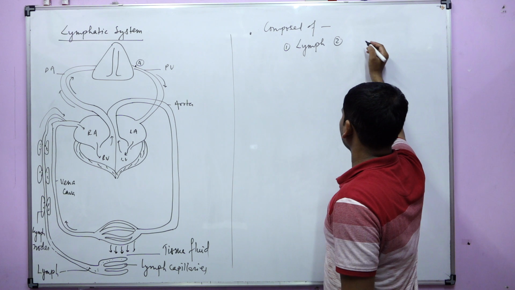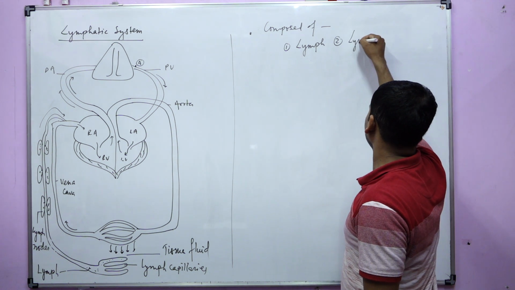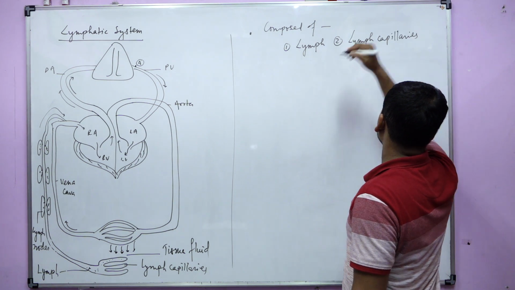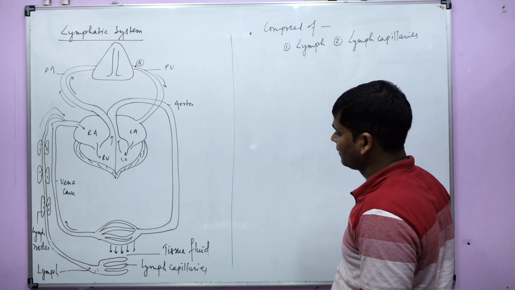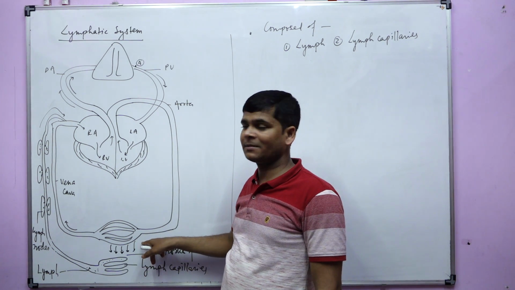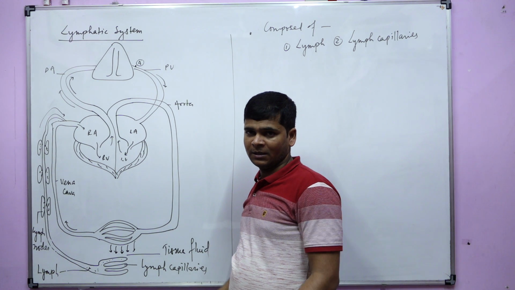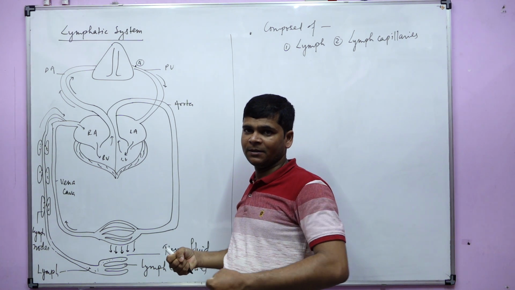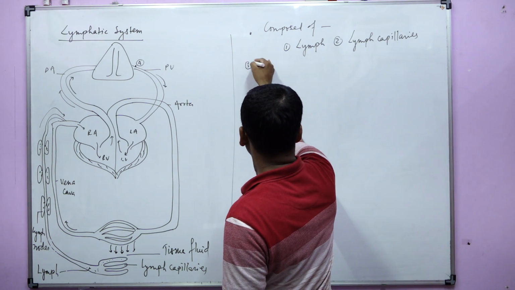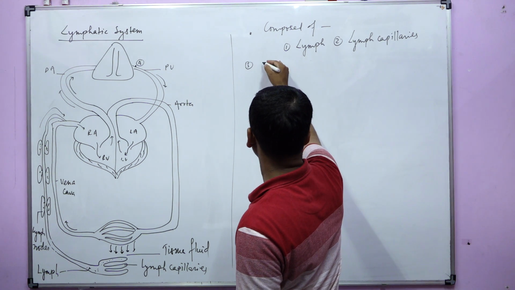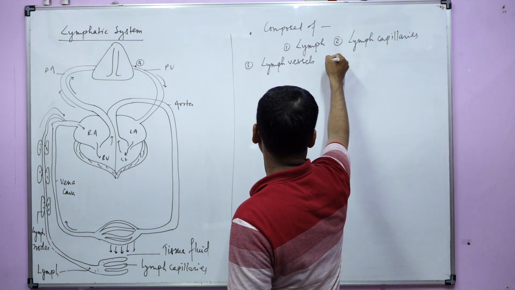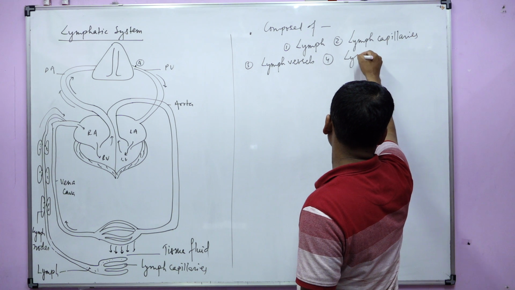The second thing we need to understand is lymph capillaries, which collect the tissue fluid from the tissues or intercellular space, which has escaped due to the high pressure of the blood on the capillaries because of the pumping of the heart. Then the third one, very important, is the lymph vessel. Then the fourth is lymph nodes.